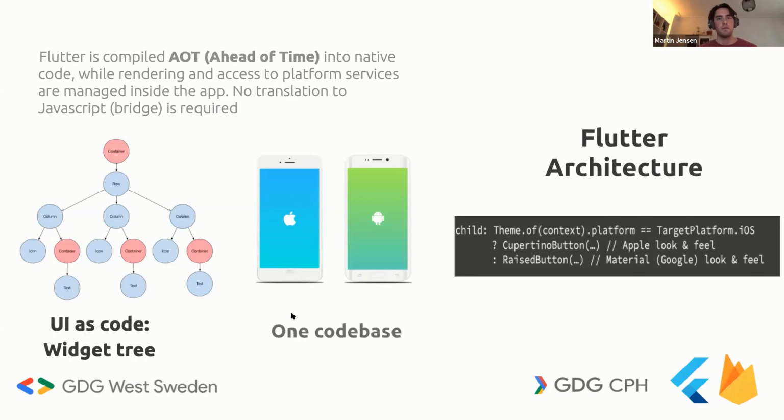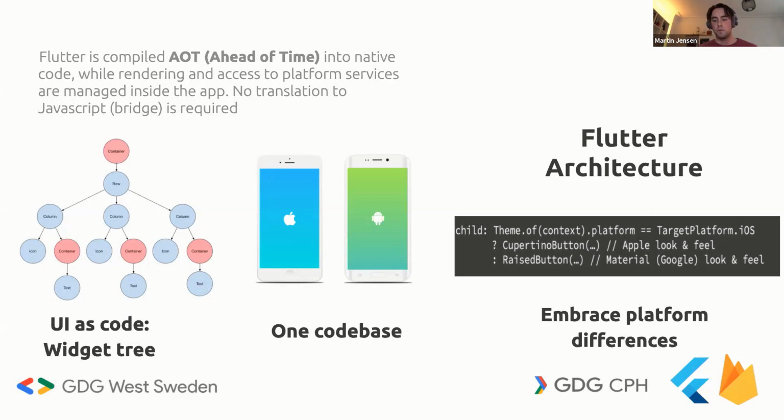And everything is in one code base. So you don't need several other projects for an iOS or an Android or web application. You just have everything in one place.